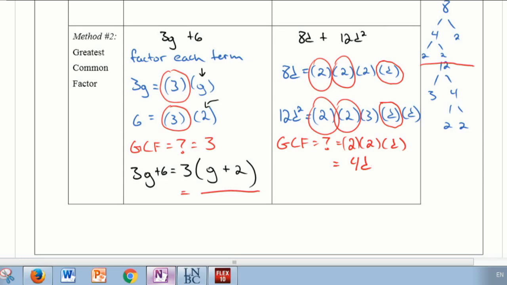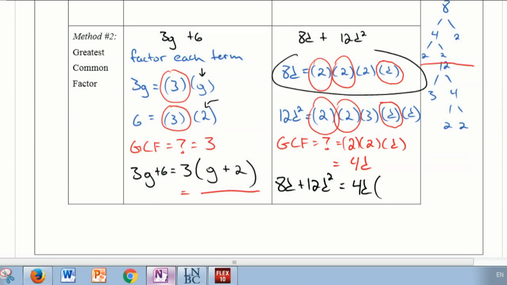This is maybe where it gets a little bit tricky. So I'm just going to rewrite it. 8d plus 12d squared equals. What was my greatest common factor? Well, that was 4d. In my first term here, this 8d, what did I leave after I pulled out a 4d? What was left?